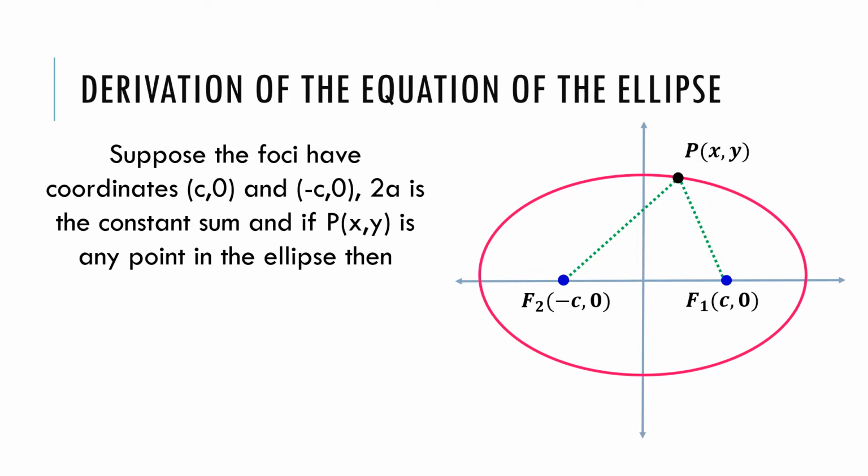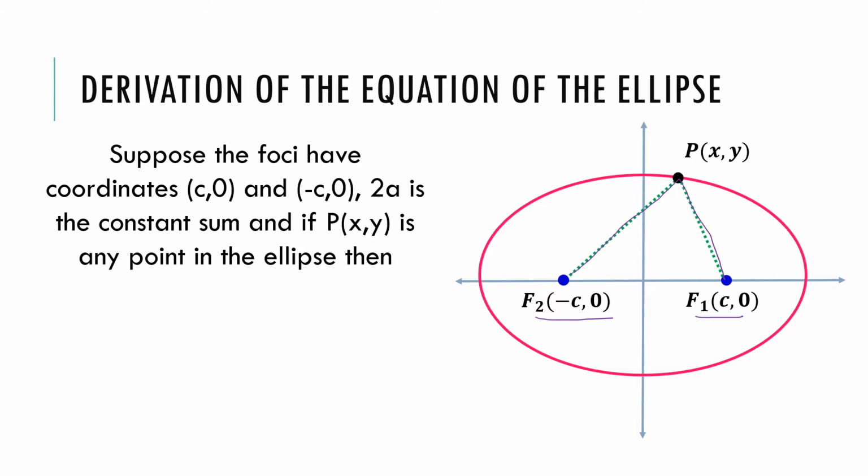Let us now go to the derivation of the equation of the ellipse. Suppose the foci have coordinates C, 0 and negative C, 0, and 2a is the constant sum. Ano ba si 2a? Ito daw yun. Ito plus ito is equal to 2a.